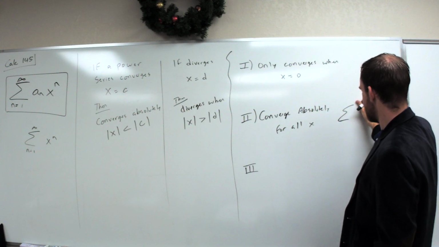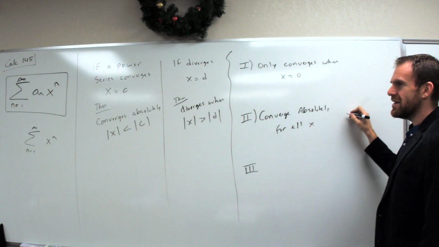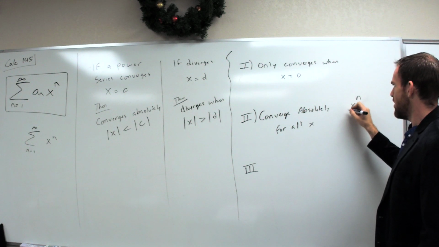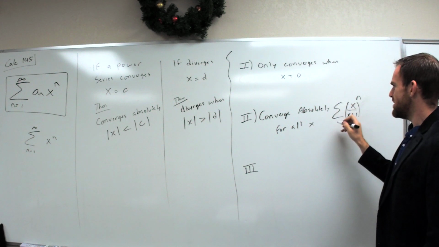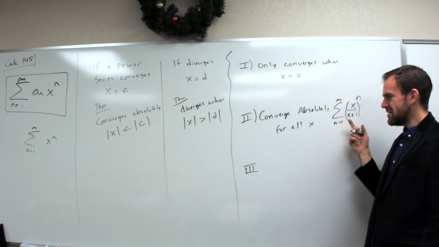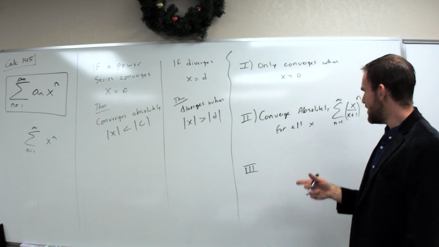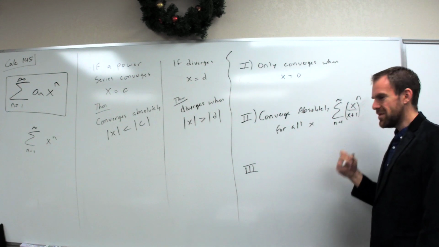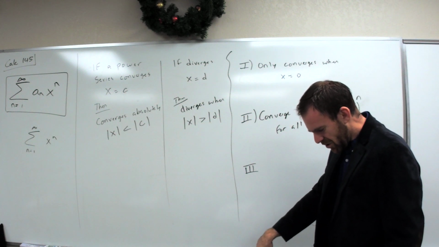I couldn't pull an example out of my head on that one. Well, I guess if you had x to the n over x plus 1, that series would converge absolutely because it's a geometric series where it's a fraction no matter what. And so whatever x is, the bottom is going to be a little bit smaller. We'll go with that. That may not be a perfect example.